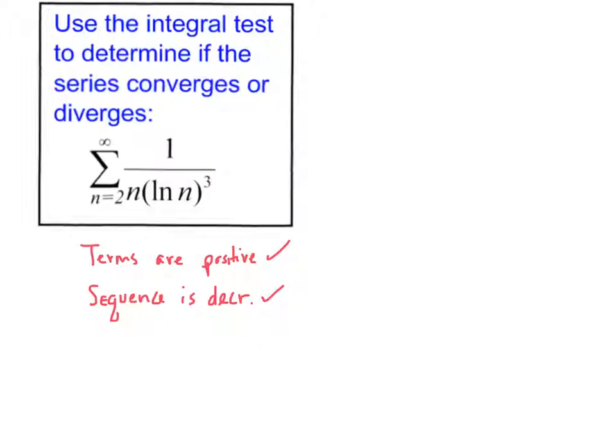So the integral test says we can create an improper integral. For us it would be the integral from 2 to infinity of the series, and evaluate it and see if the integral converges.